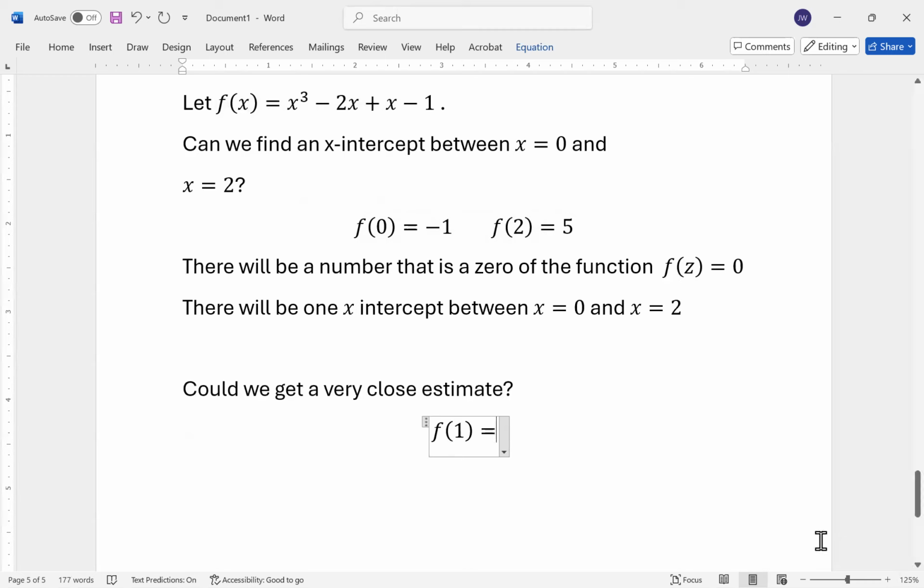If I plug in the number 1, I get out a -1. So that's a negative. Notice that when I plugged in a 0, I also got a negative. When I plugged in a 2, I got a positive.